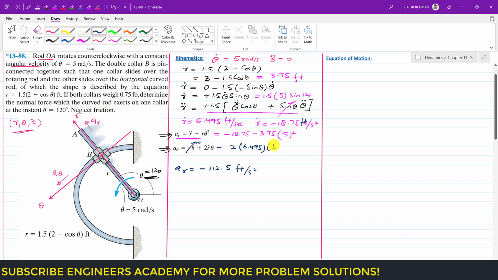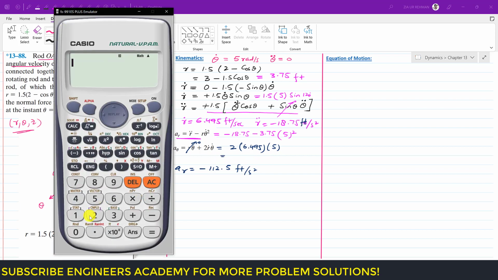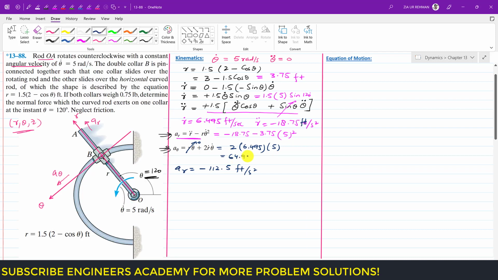So this is 2 into 6.495 multiplied by 5. This gives me 64.95 feet per second square. So this is a_theta.